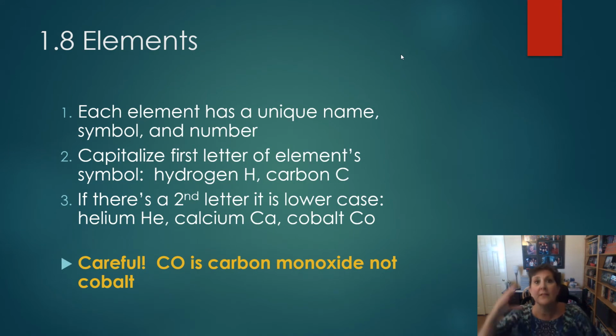Calcium is a capital C with a lowercase a because C is already carbon, so calcium has to be something else. And then cobalt is a capital C with a lowercase o. Now be careful. A capital C, capital O is carbon monoxide, not cobalt. So it is important that that second letter is lowercase.